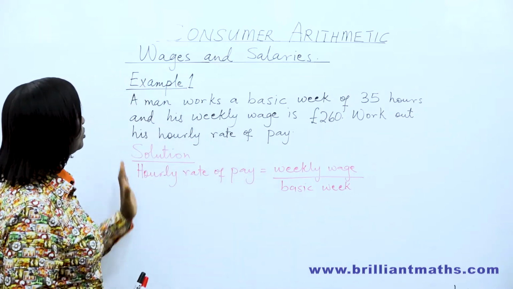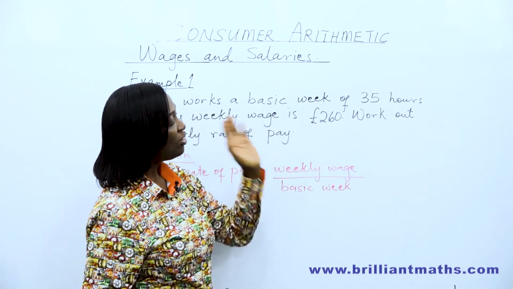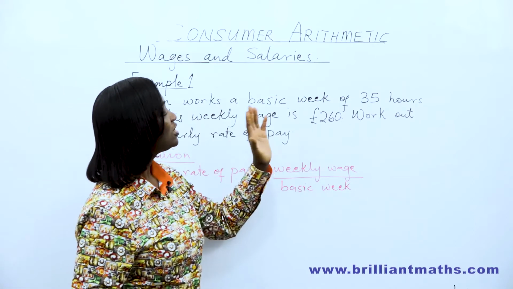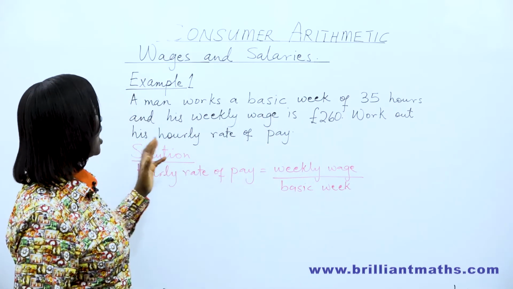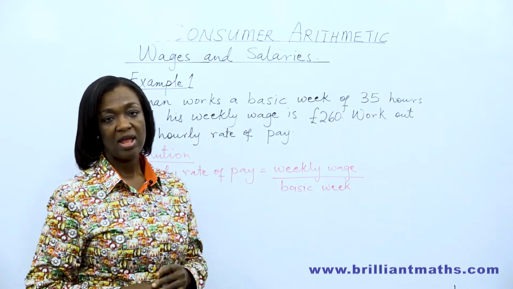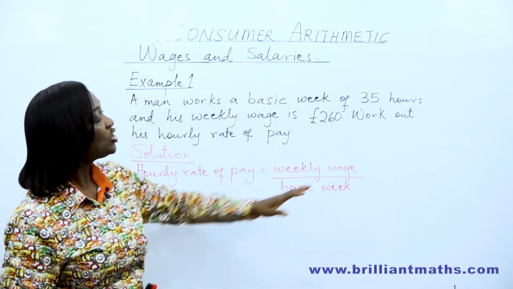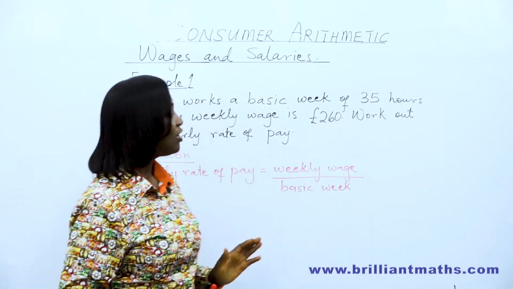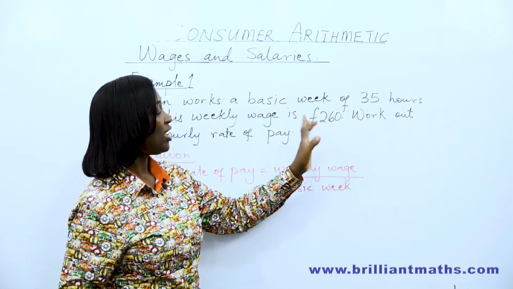In this example, we're told that a man works a basic week of 35 hours, and his weekly wage is £260. Work out his hourly rate of pay. That means in a week, he has to put in 35 hours of work, and for that 35 hours of work, he gets paid £260.